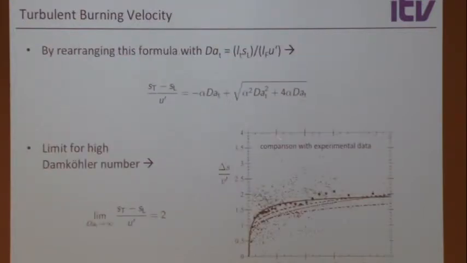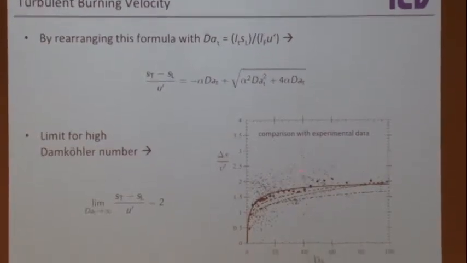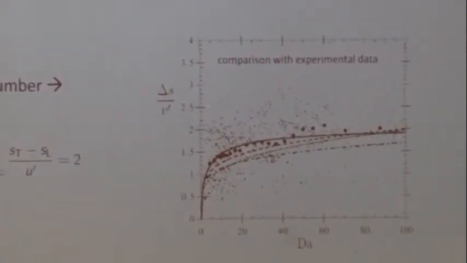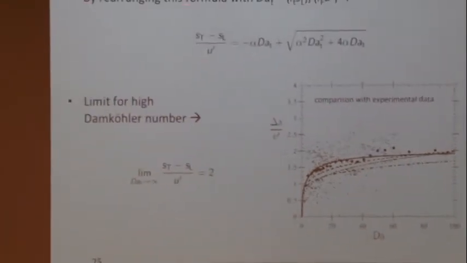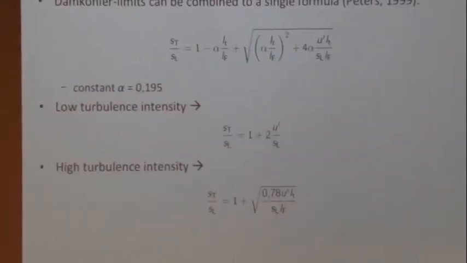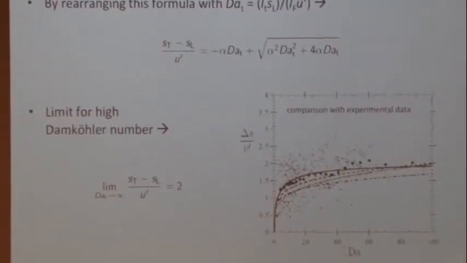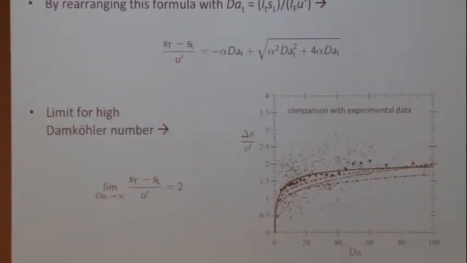Now if you compare that with experiments, these are experiments plotted as a function of Damköhler number. The nice thing is you can rewrite this: if you take the same formula, ST over SL, and write this as ST over u prime, then I can write it as a single function of a single parameter. Because I have two parameters, I put one on the left-hand side, and there's only one left.